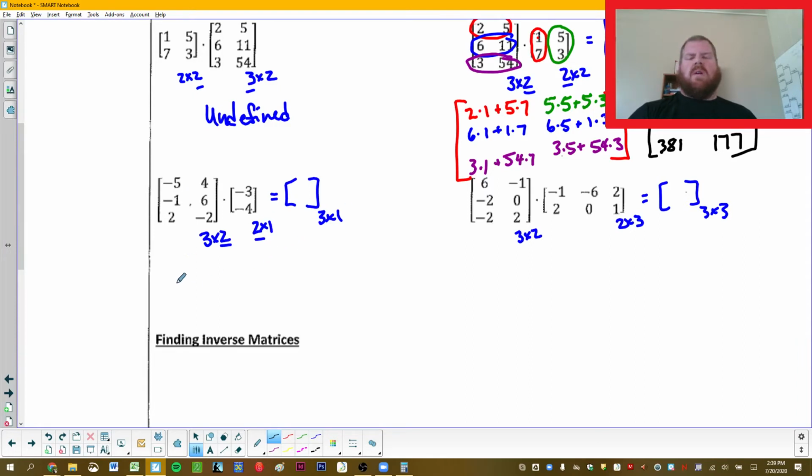This one is just going to give me a 3 by 1 matrix, so it shouldn't be too bad. Well, that's 3 rows, 1 column. And I will actually write it out again just to help us one more time. So I'm thinking row by column, -5 times -3 plus 4 times -4.